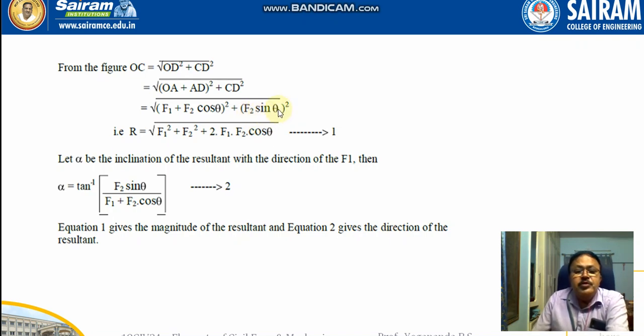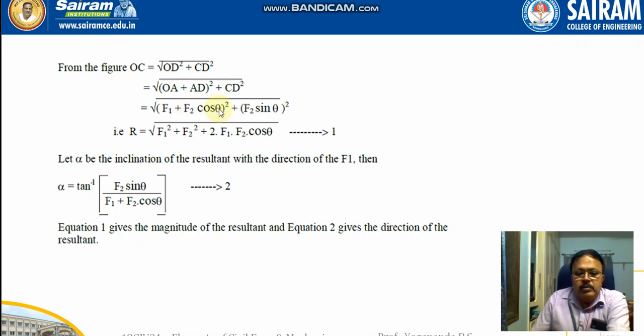Then this F2 square sine square theta. Now considering F2 square cos square theta plus F2 square sine square theta, F2 square is common.